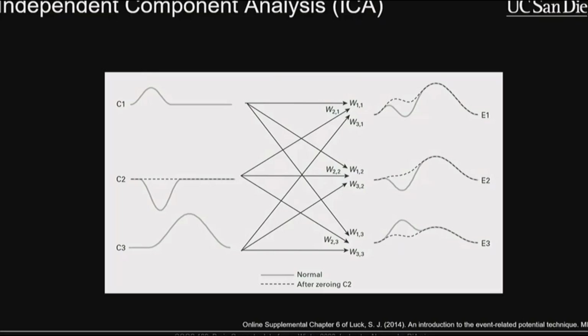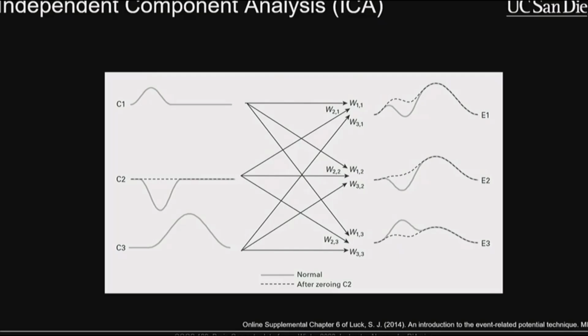But the goal of ICA, again, is to take the fact that all of these sensors are picking up information that is somewhat similar, but maximize the specific sources given all of this different dimensionality. Because if we look at E1, there's more of a positive early peak.